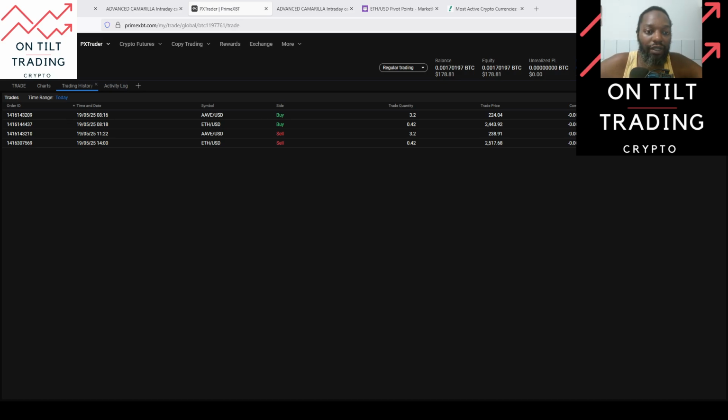So $10 risk and $45 return, which is a 4.5 to 1 reward to risk ratio on this particular trade.